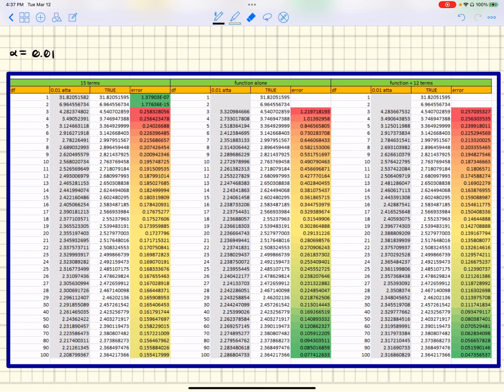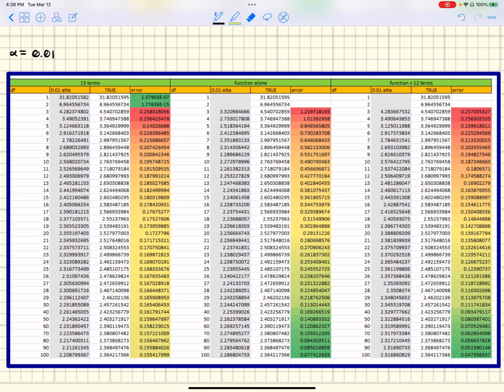Now, the one caveat here is the function alone doesn't give you a ton of precision for low values of degrees of freedom. I'll explain that later, but that's just a caveat. But if you tack on more terms, you can actually get pretty good precision right off the bat. Even with only 3 degrees of freedom, that's 3 data points, you're getting about 25, 26% error.